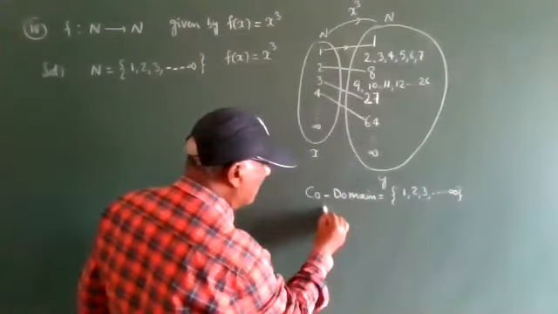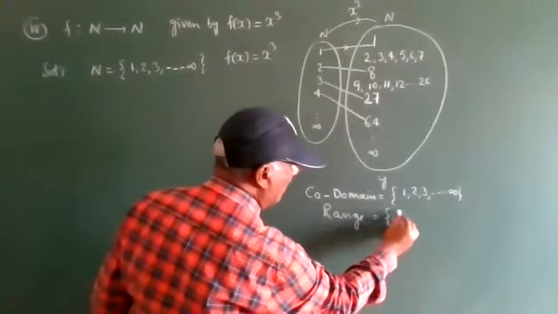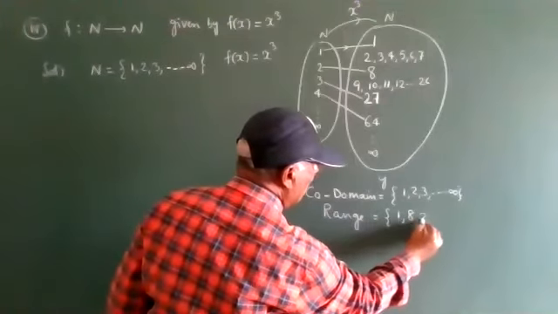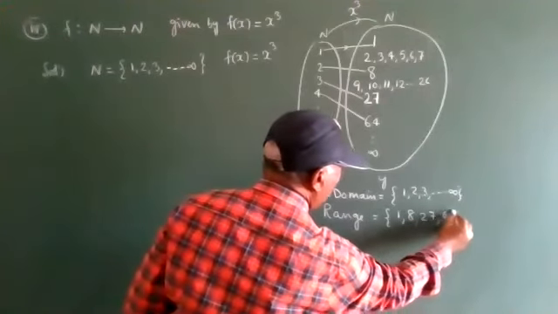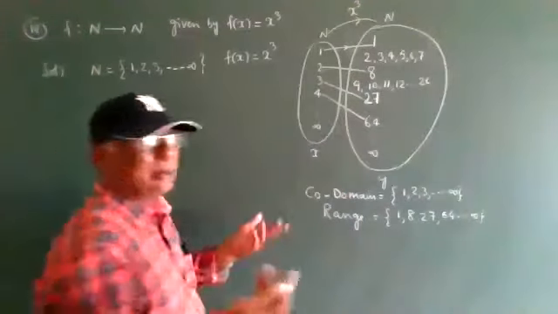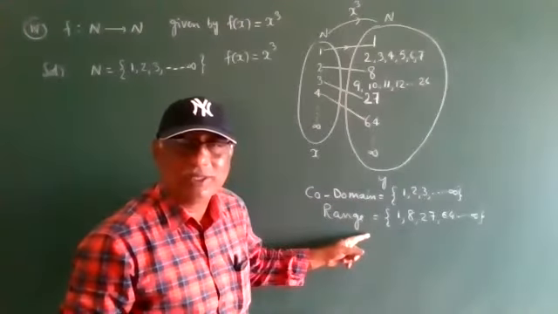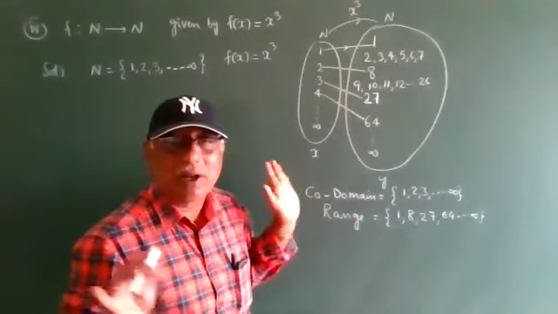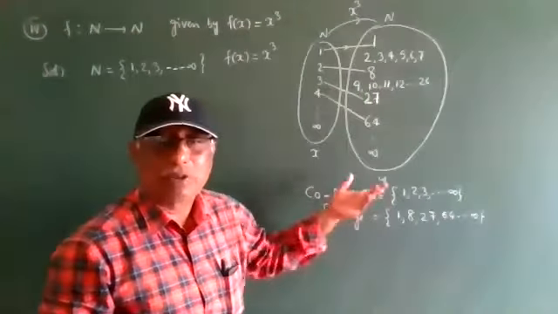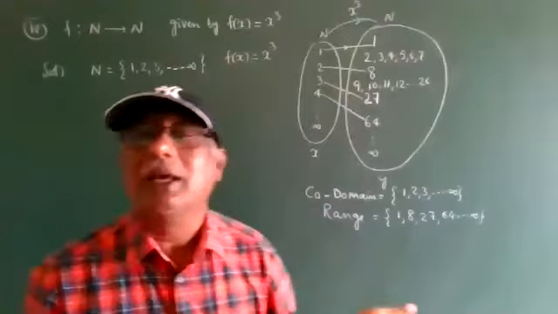But range is only cubic elements: 1, 8, 27, 64. What about the remaining? Remaining have no preimage. Codomain is not equal to range. Range is only cubic numbers; codomain is all the numbers. Therefore, it is not onto. It is not surjective.